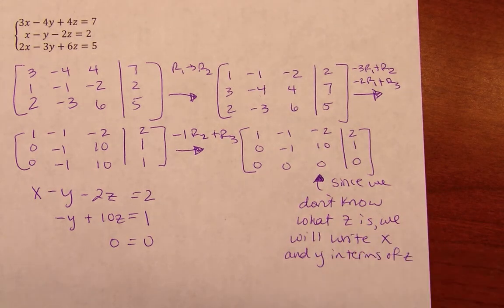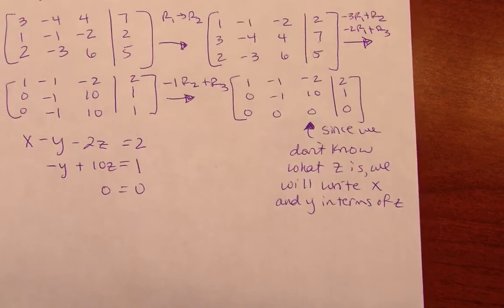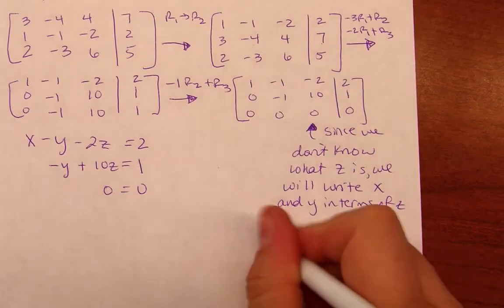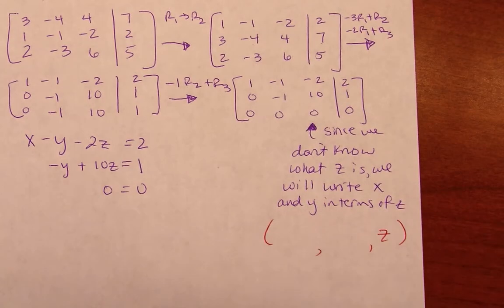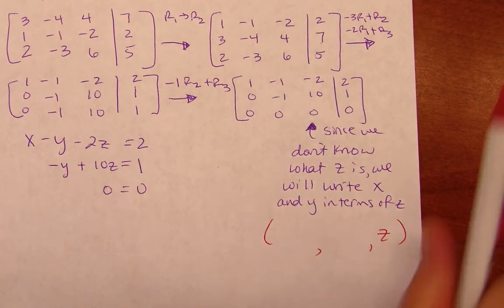So z is continuing to stay a variable. So when I ultimately write out my answer as a coordinate, I'm just going to have z here, and then these two are going to be equations in terms of z.